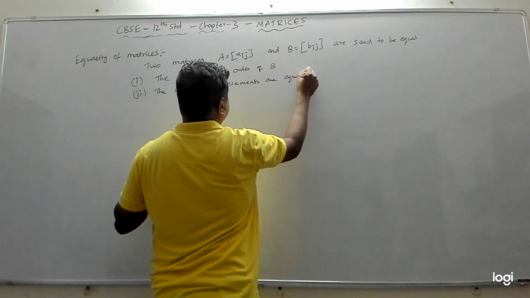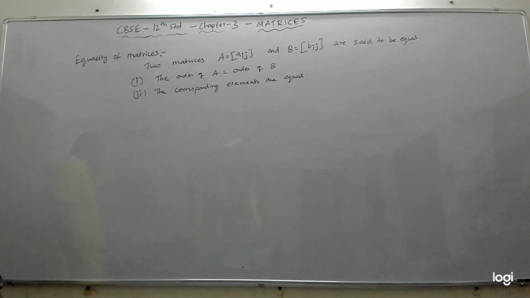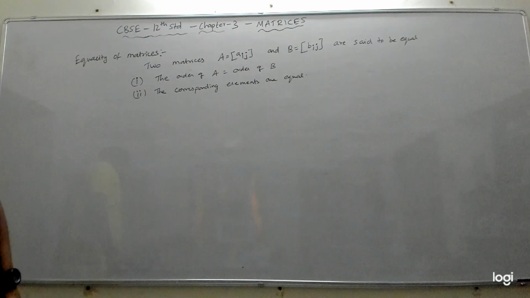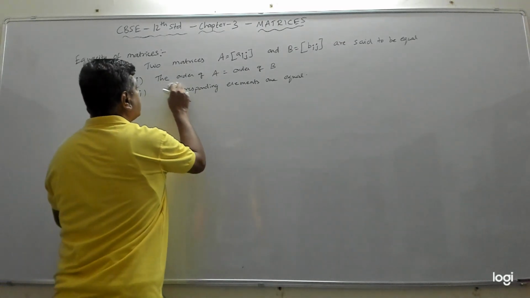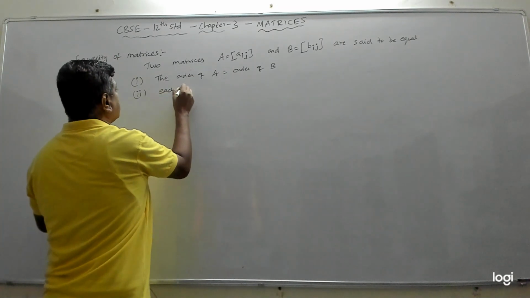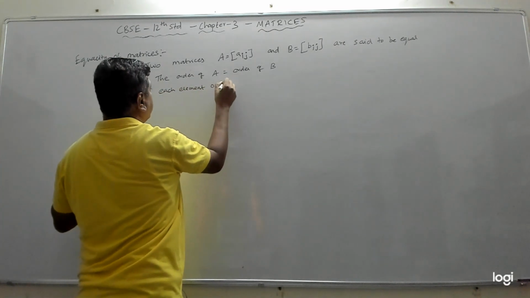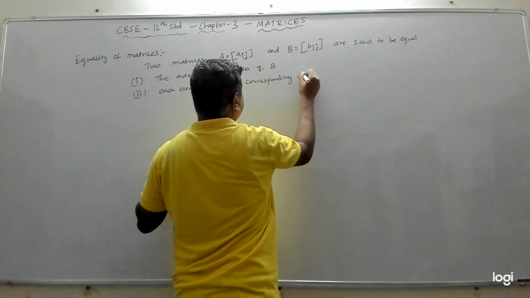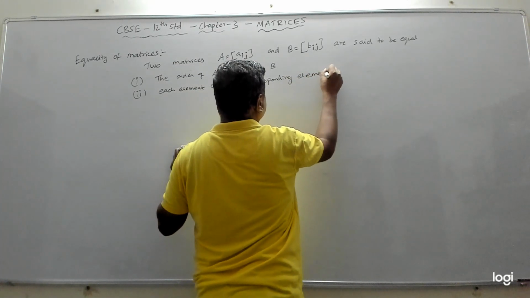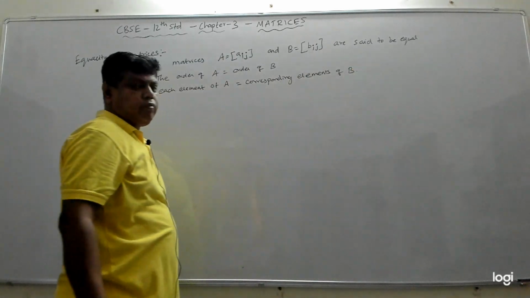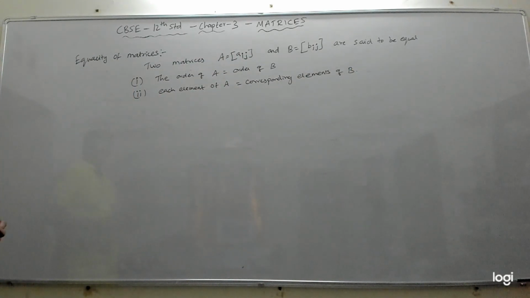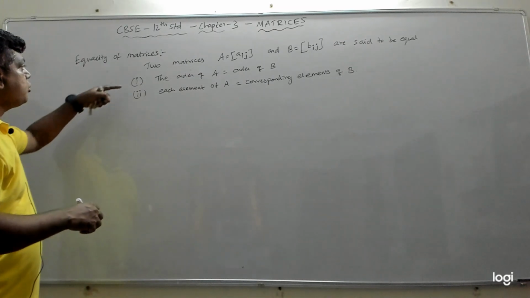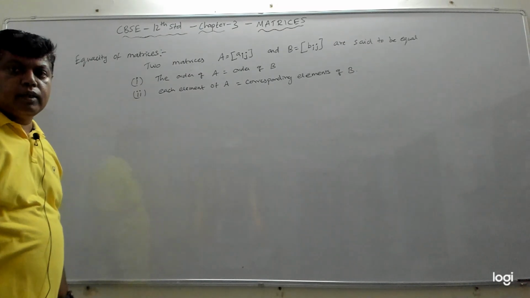Corresponding elements are equal means corresponding elements of A are equal to the corresponding elements in B. We can also write it as each element of A is equal to the corresponding element of B. So when these two conditions are satisfied, we call the two matrices equal.